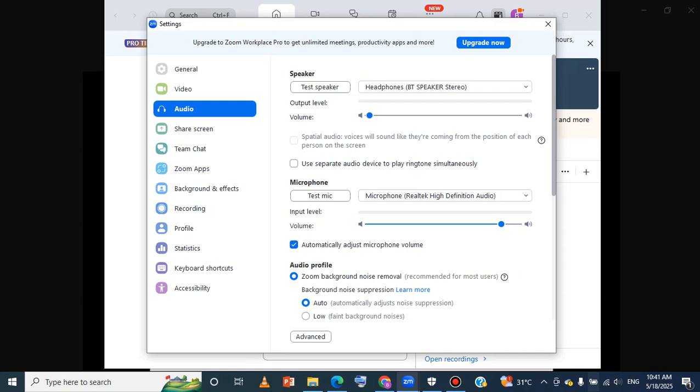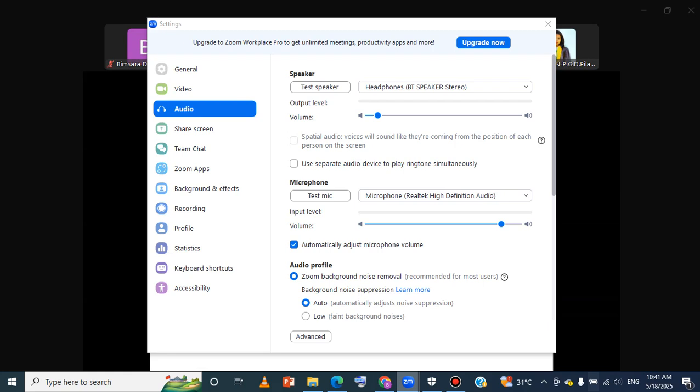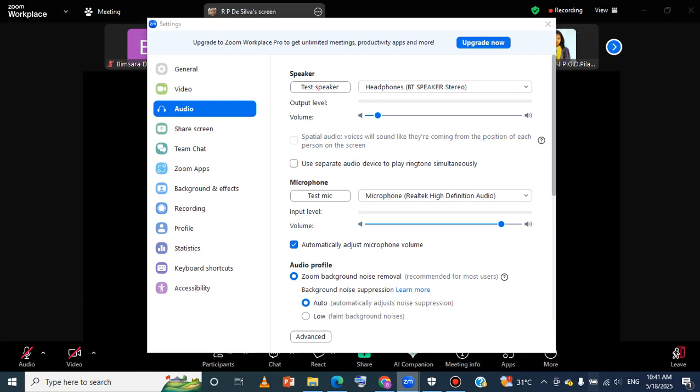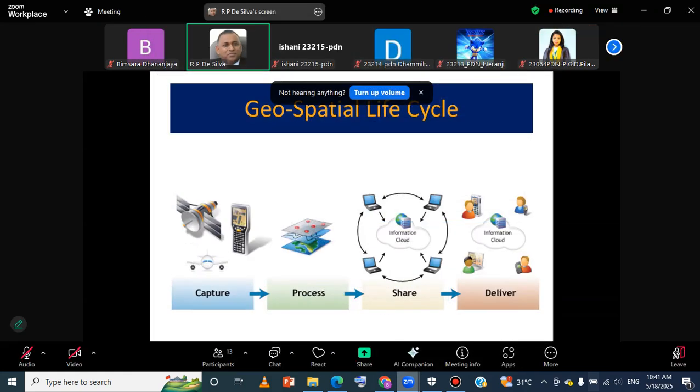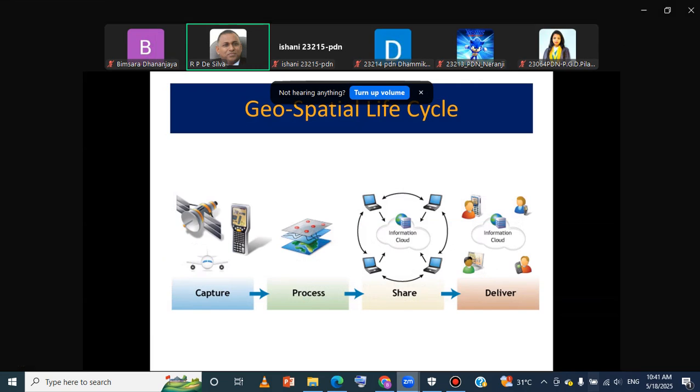Therefore, the objective of NSDI, making geospatial data available at the fingertips of users, will not happen, because we have a large wealth of data that we have captured as raw data from various sensor platforms, various camera platforms, and various field platforms.